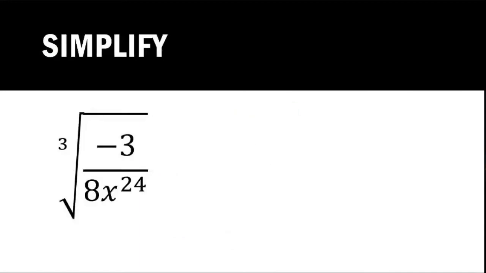How about if you have this cube root of negative 3 all over 8x raised to 24? Again, 8 could be written as 2 raised to 3. So it will be the cube root of negative 3 all over the cube root of 2 raised to 3, x raised to 24.